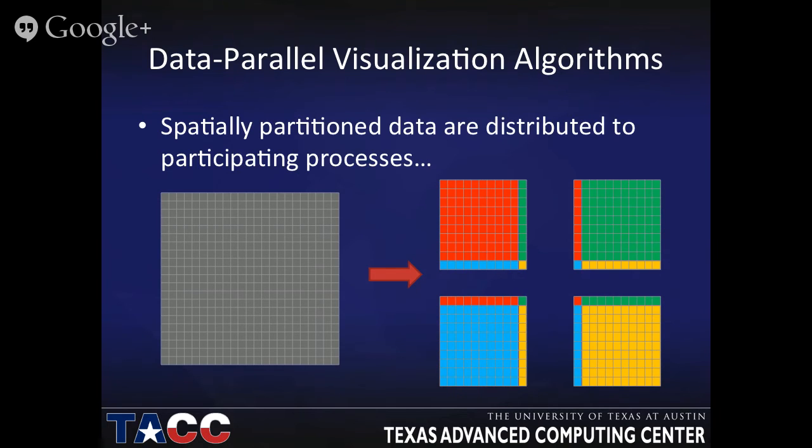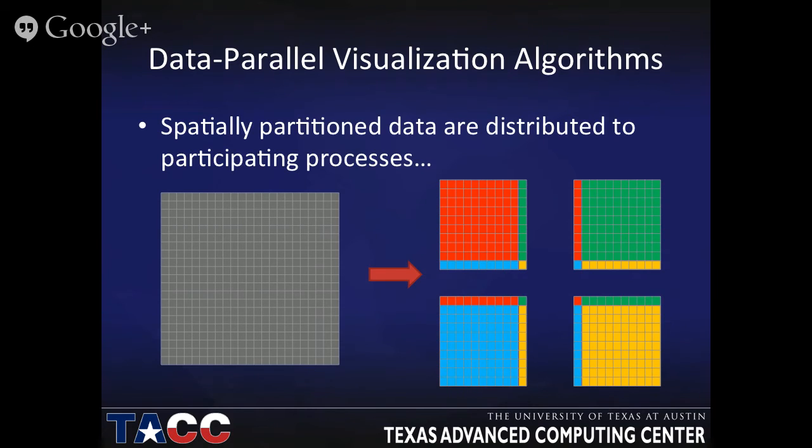So let's suppose we have a two-dimensional domain here. In order to run parallel on this four-way, we're going to chop this domain up into 4 partitions. And we're going to assign one of these partitions to each one of the 4 processes we're going to be using to do this visualization. Now, because we want to get the right answers along this boundary right here, we maintain something called ghost zones.